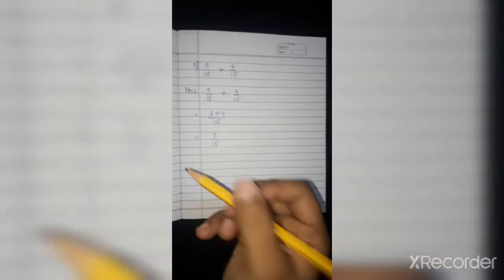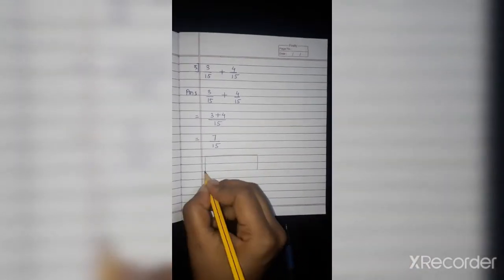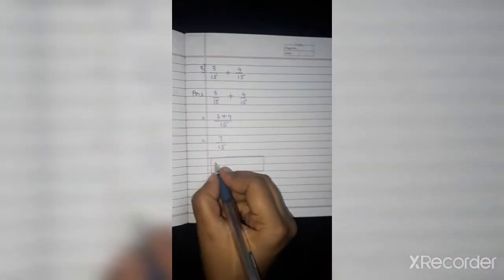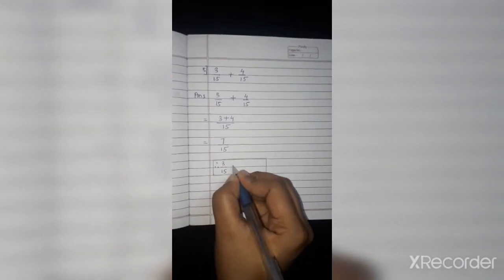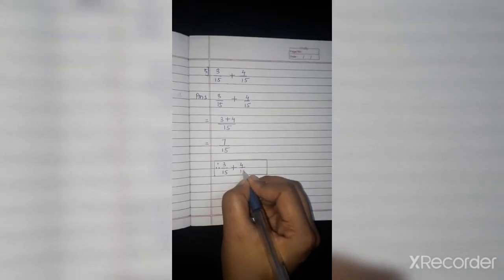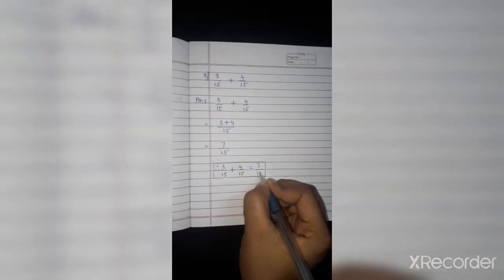So we will draw the box to write the answer. Therefore, 3 upon 15 plus 4 upon 15 is equal to 7 upon 15. Moving to our next sum.